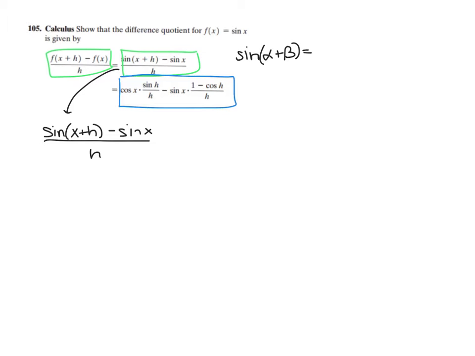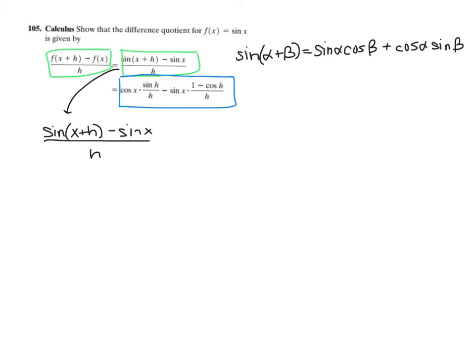That is going to be written as sine of alpha times cosine of beta plus cosine of alpha times sine of beta. So we now have the formula that we're going to use.